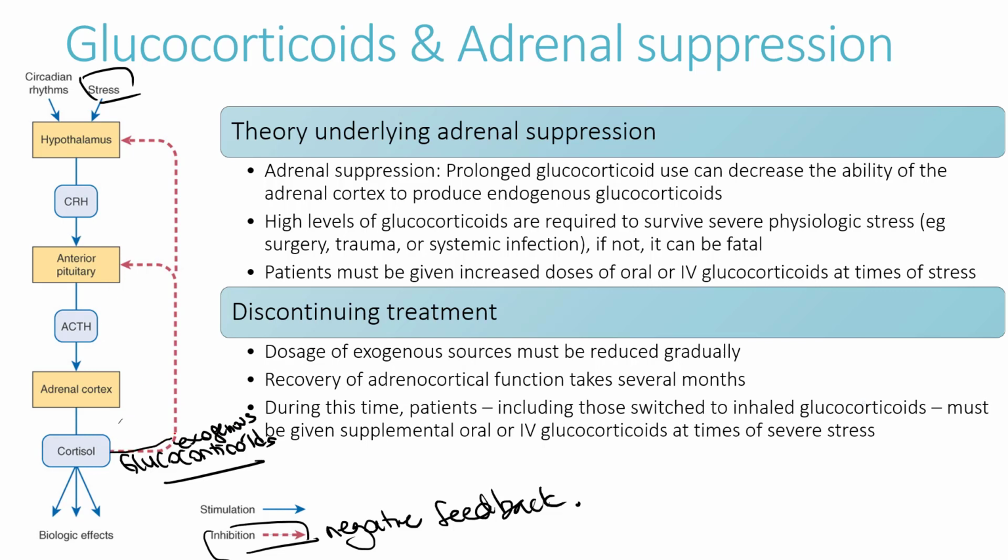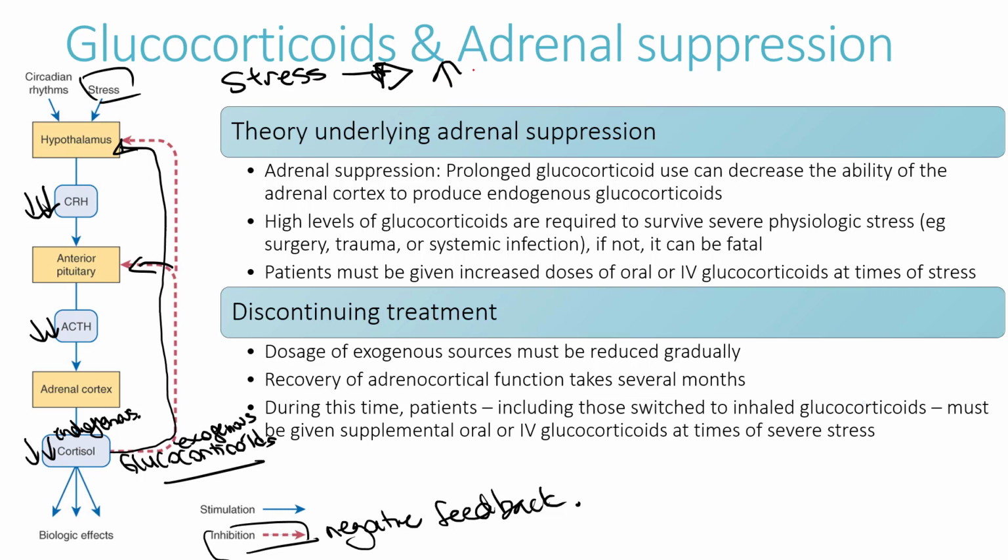And so what happens is exogenous corticoid will cause a reduction in CRH and will also cause a reduction in ACTH and will cause a reduction in endogenous cortisol released. Right? And this is at a time where usually stress would normally cause an increase in cortisol.